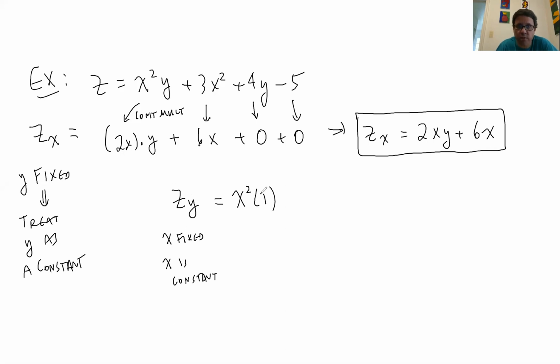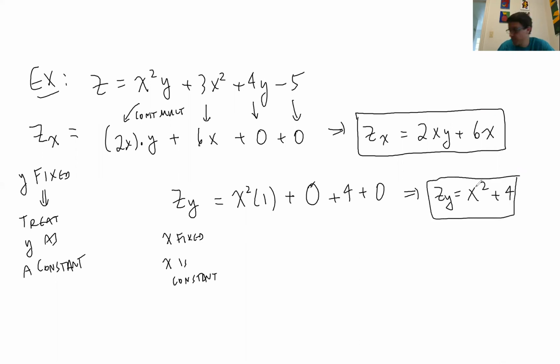Now, I'm doing y derivatives, and that would be x squared. The next one, the 3x squared, x is constant, so that's like a constant, the derivative is 0. For 4y, that's just a regular derivative, so that derivative is 4. And then the 5 is also constant, so that derivative is 0. So in this case, I would get that z sub y is x squared plus 4. So those are my first partials in here.